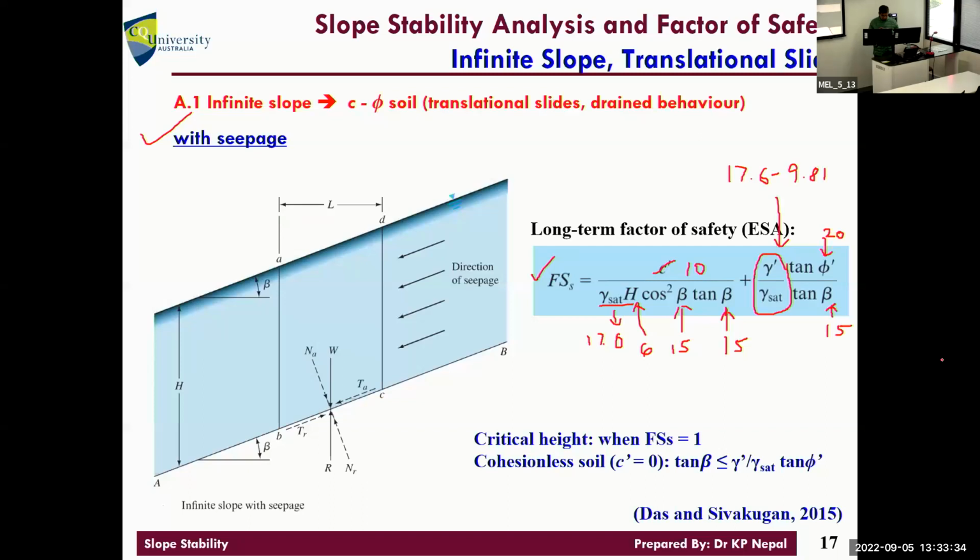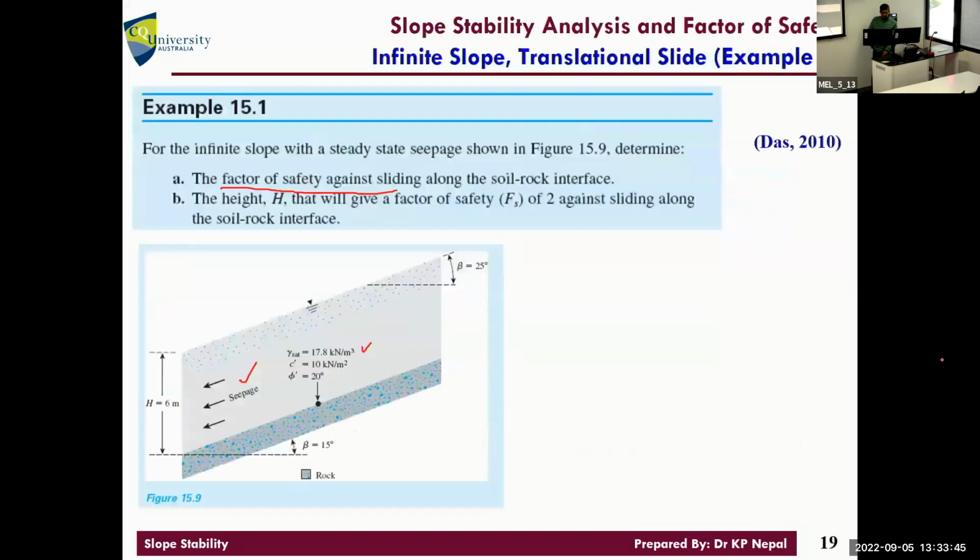I think that beta, sir, is 25 degrees. What's that? The beta, it's 25 degrees? I just saw beta at the top is 15 degrees, but the top one says 25 degrees. It's different. Why did they give two different angles there?